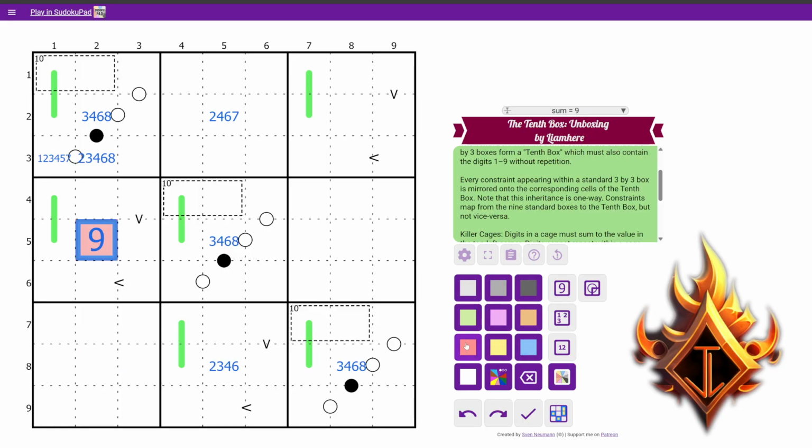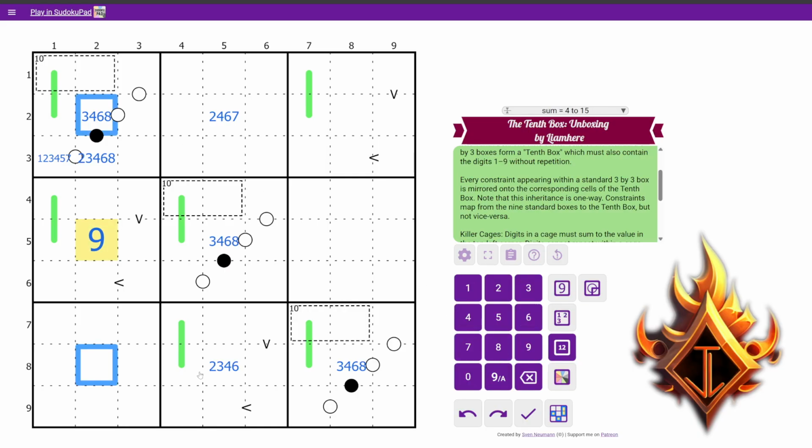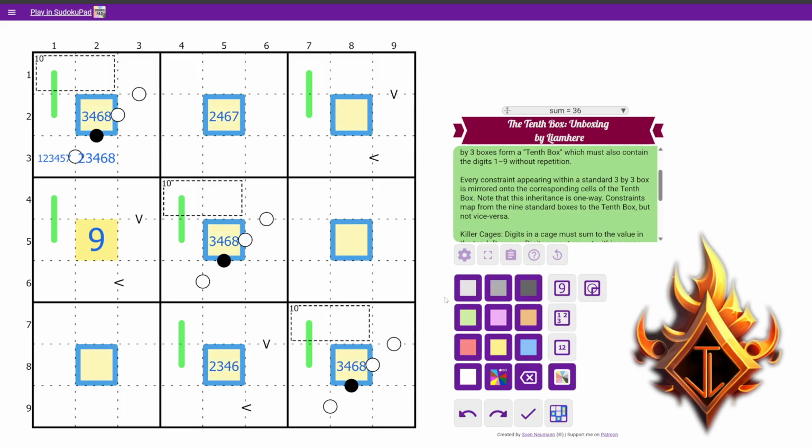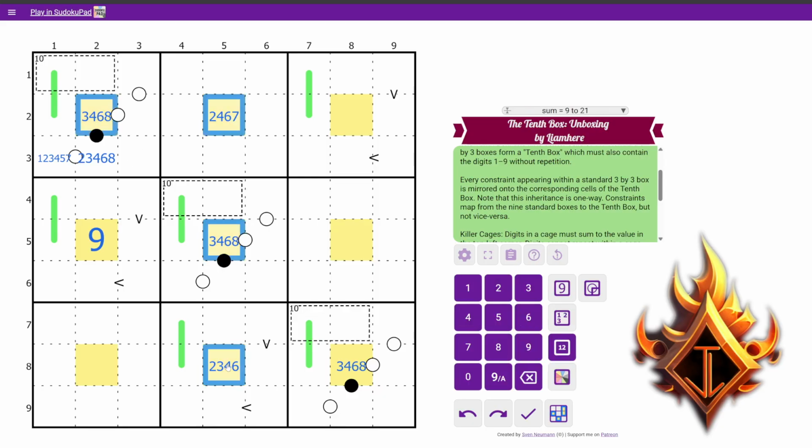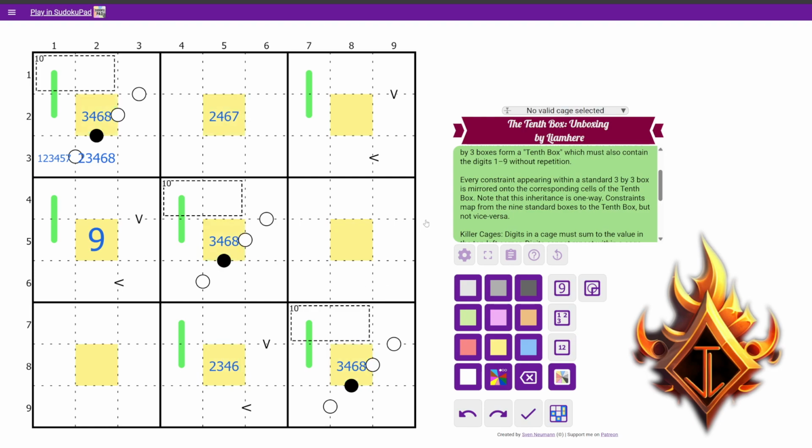Should I color these something? All of those have to be different. 2, 3, 4, 6, 7. Not quite a combo. Maybe 1.